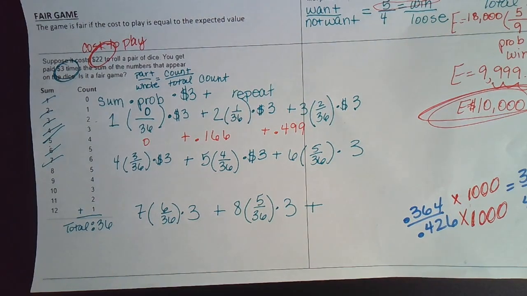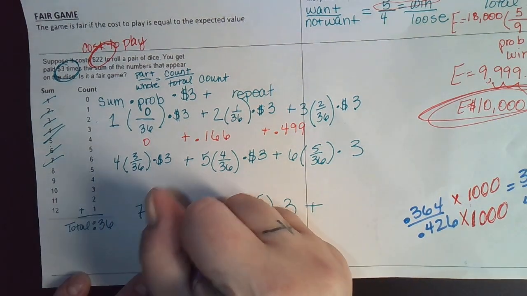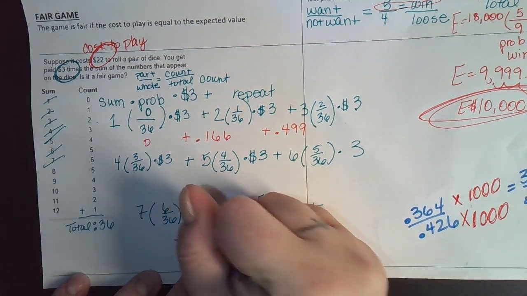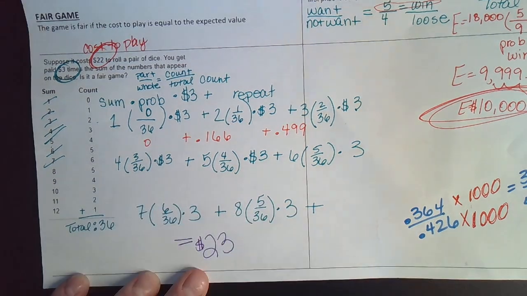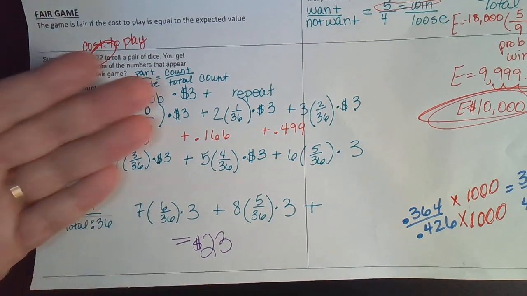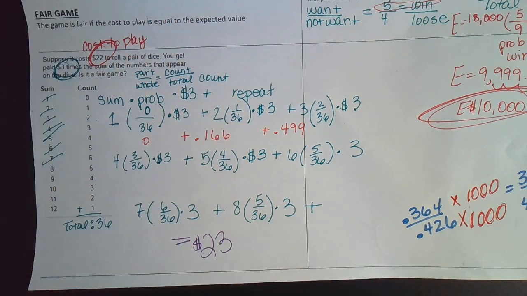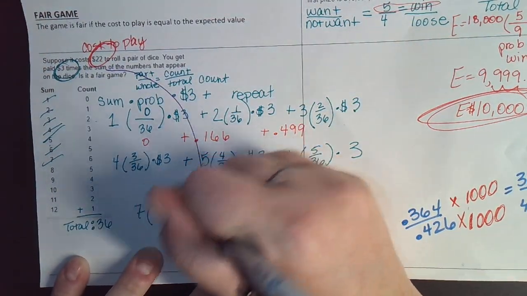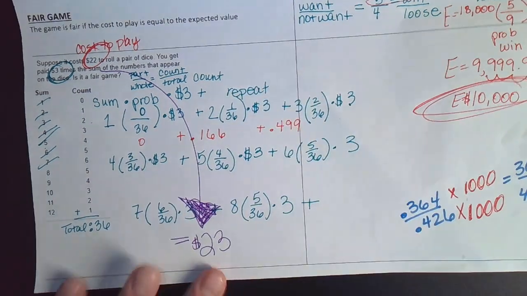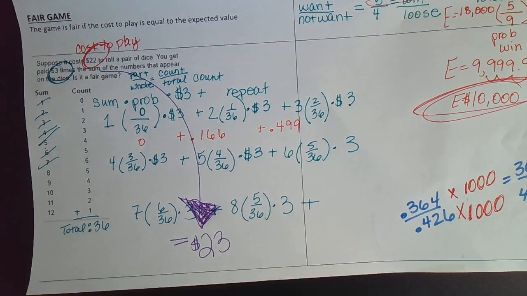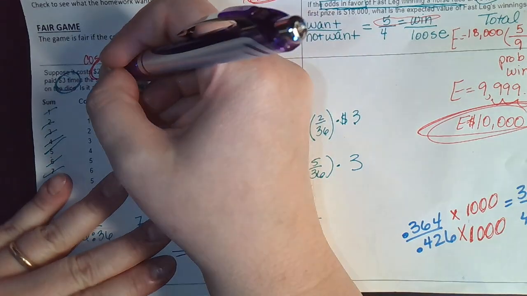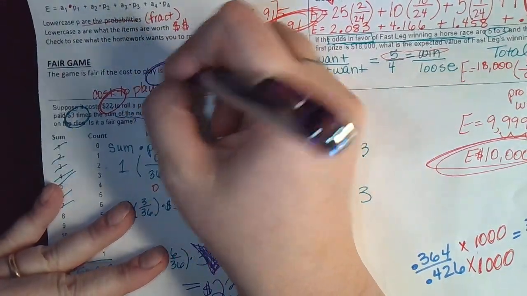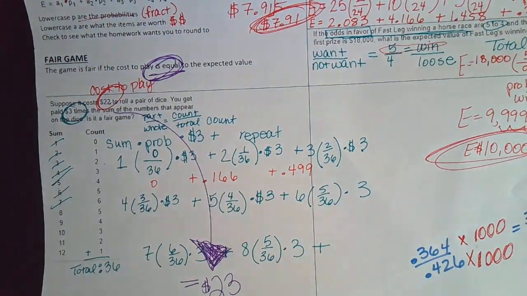Okay, and let's say all this equals $23. It doesn't. I'm not actually going to do it. It's going to waste our time. But let's say we get $23. That means the cost to play is $22. Well, that is not equal to the expected value.